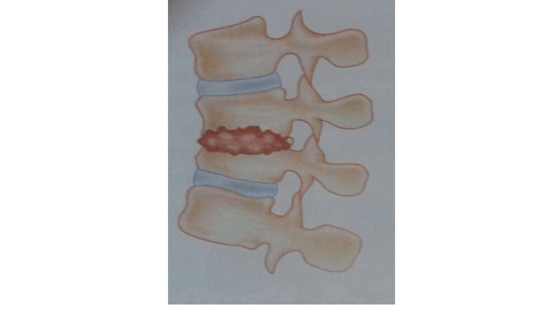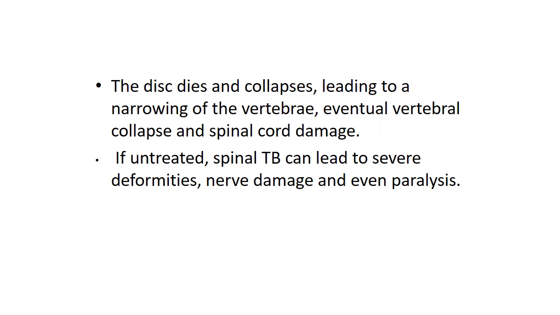It most commonly involves the anterior half of the vertebra, that is the vertebral bodies, and in that too, it involves the intervertebral disc. Again, I would repeat, it most commonly involves the intervertebral disc. So spinal tuberculosis or Pott's disease is also called discovertebral osteomyelitis.